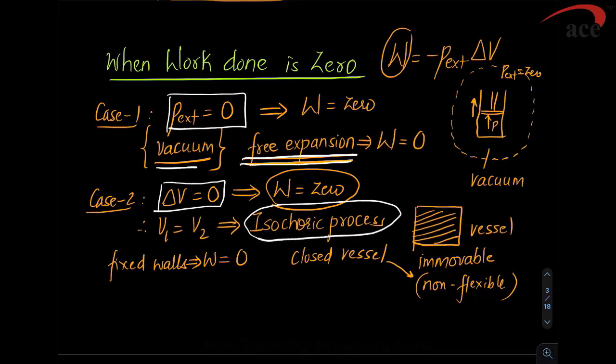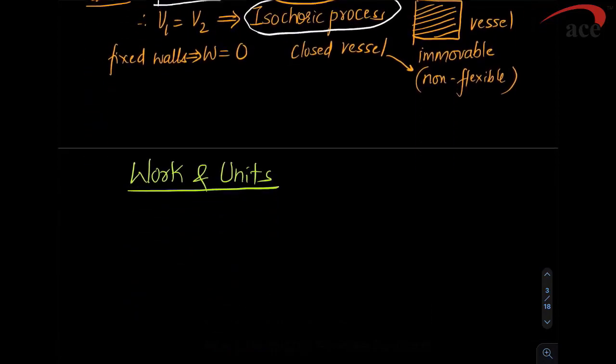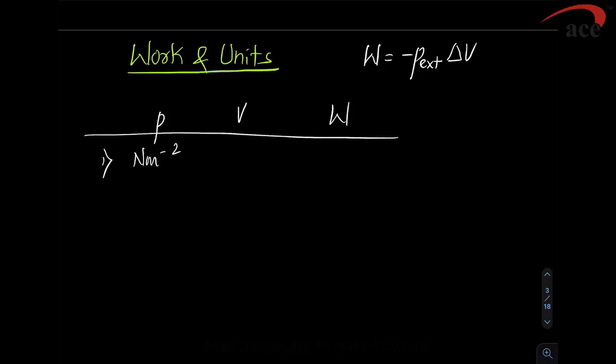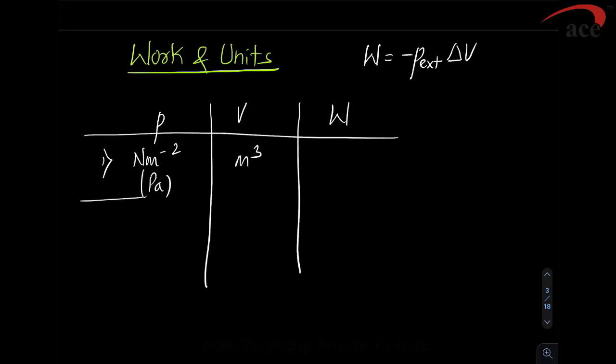That means for an isochoric process. Now, work is given by the formula minus P external into delta V. That means the units of work depend on the units of pressure and volume. If pressure is in Newton per meter square, also called Pascal, and volume is in meter cube, then work will be in Newton meter, that is Joule.